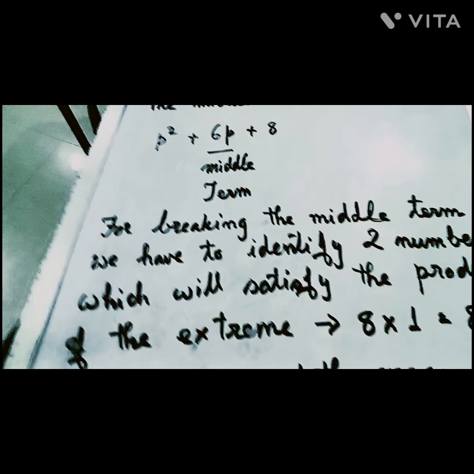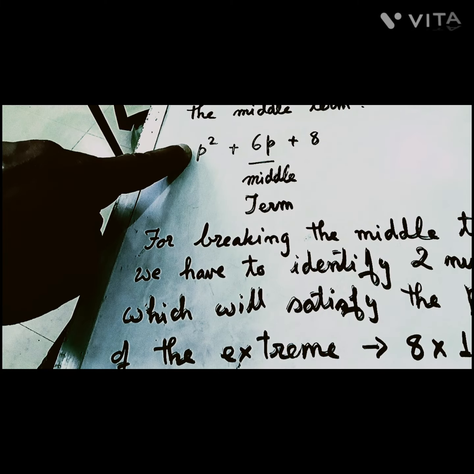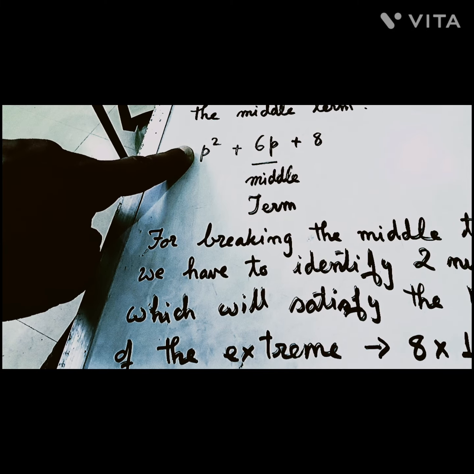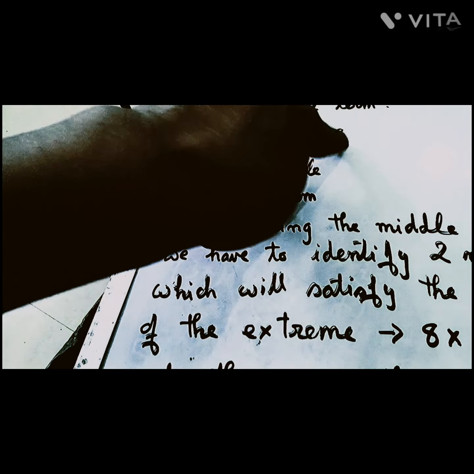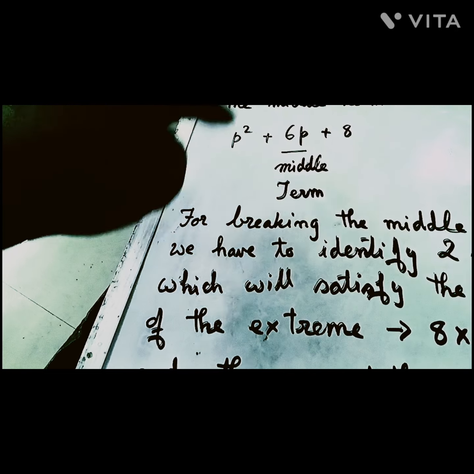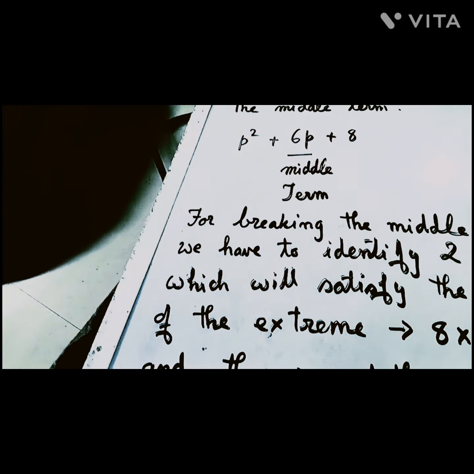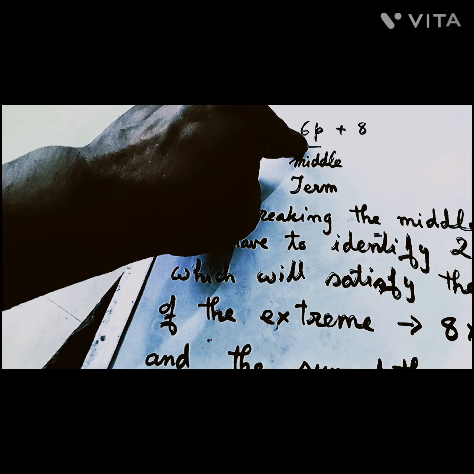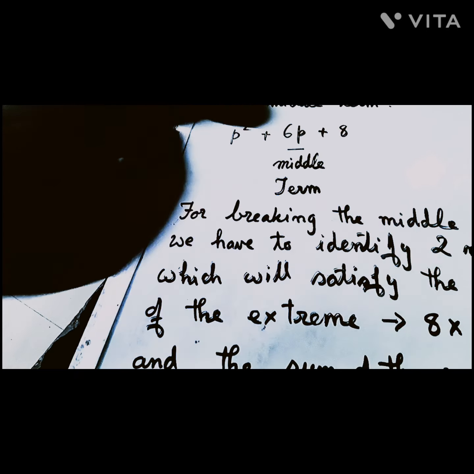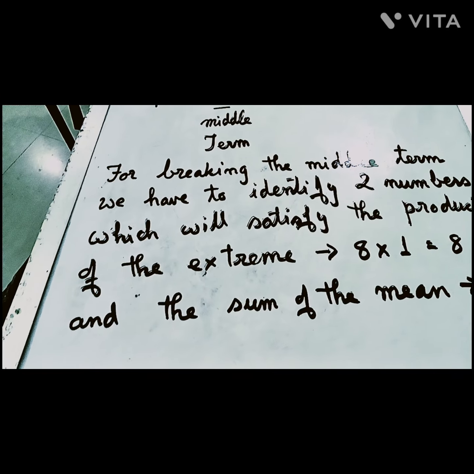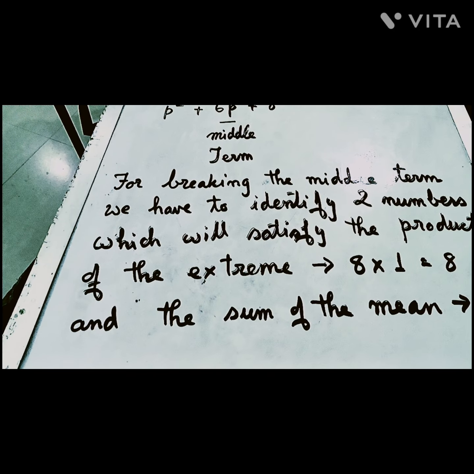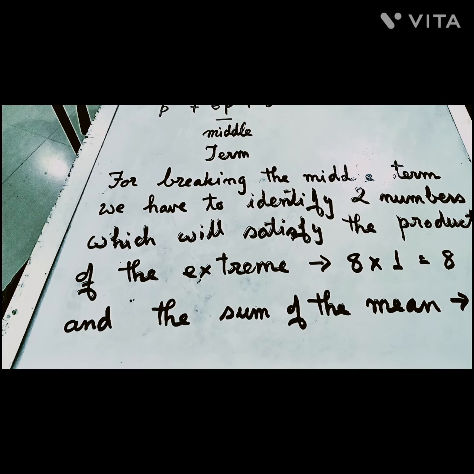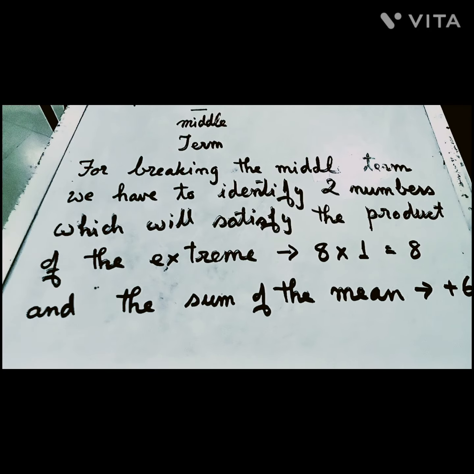Here the extremes are 1p square and 8, so 8 and 1 multiply. The product is 8 and the middle term is plus 6. So we have to find two numbers which will satisfy the product of the extremes, that is 8 into 1, that is 8, and the sum of the mean, that is plus 6.